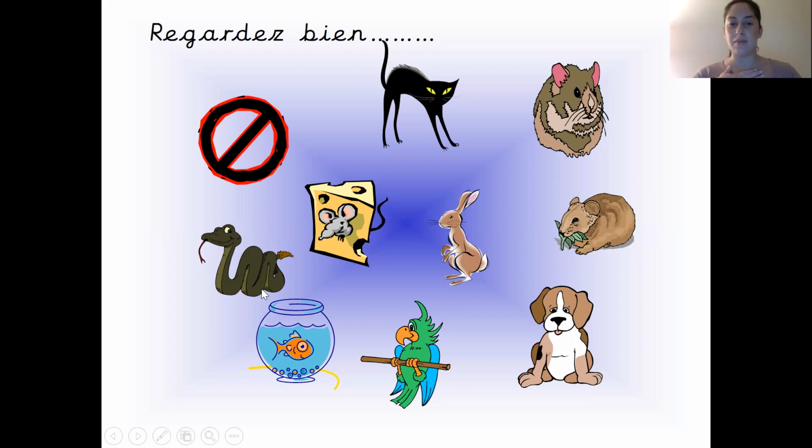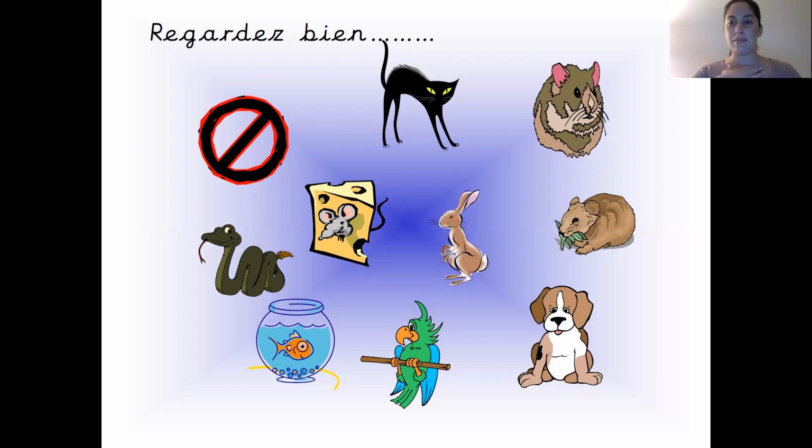Un serpent. How do we say fish in French? Un poisson. How do we say a bird in French? Un oiseau. And how do we say dog in French? Un chien.